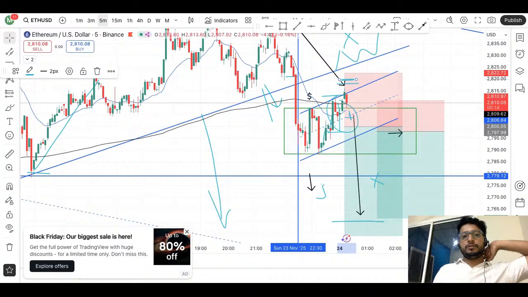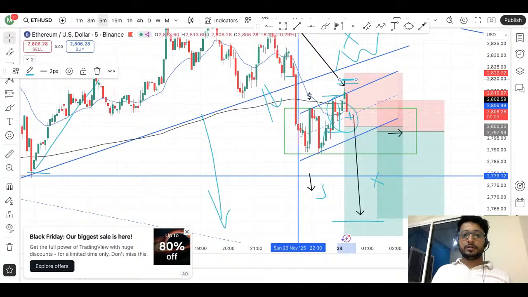Let's see how things turn out. This 5-minute candle is about to close. Okay, we are in $3 profit right now.